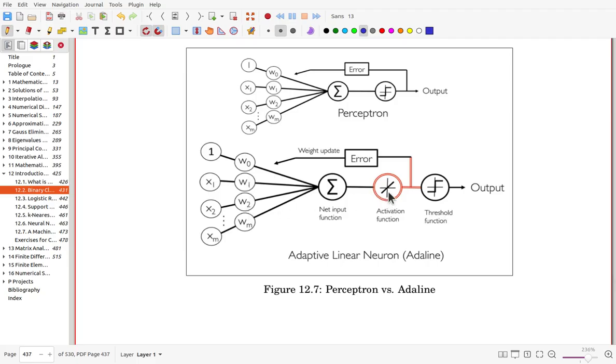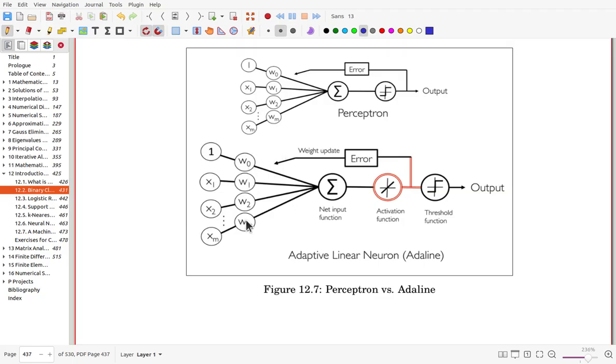So eventually, there's no thresholding, so that the objective function is continuous and differentiable. So along with this identity activation, we try to update the weights.